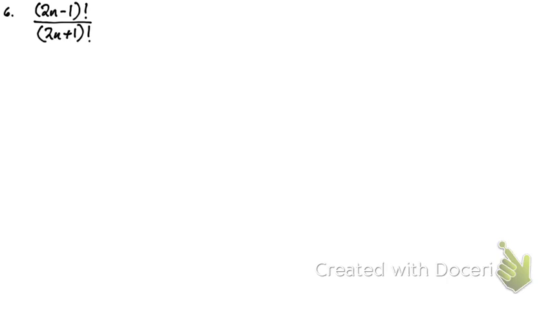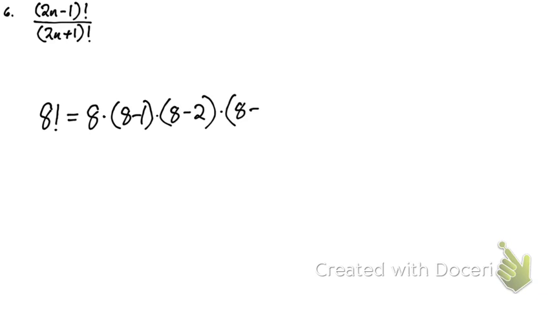You really have to understand what it means to be a factorial. If I say 8 factorial to you, I bet you any money everyone's going to recite 8 times 7 times 6 times 5 times 4 times 3 times 2 times 1. But what you're really reciting to me is 8 factorial equals 8 times (8 minus 1) times (8 minus 2) times (8 minus 3).